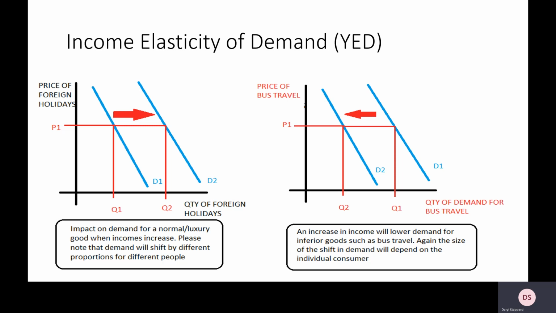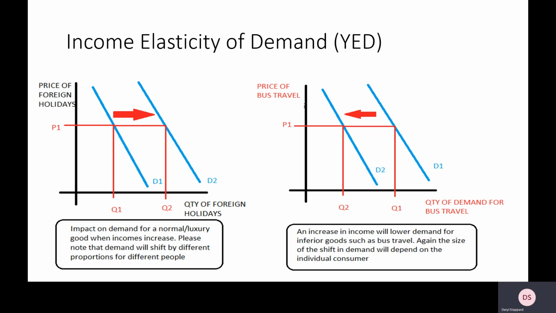But what we're saying is as income levels grow, the demand will shift more significantly outwards for luxury goods than it would do for necessities. The diagram on the right-hand side shows how a growth in income would affect the demand for inferior goods. So the idea would be if income levels grow, the demand for inferior goods will shift inwards. You become less willing and able to buy these particular products.